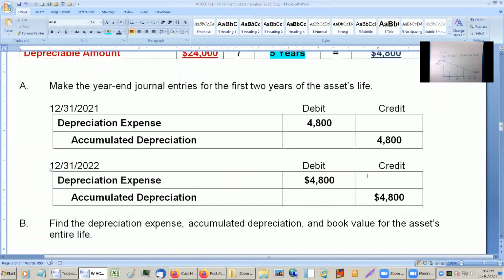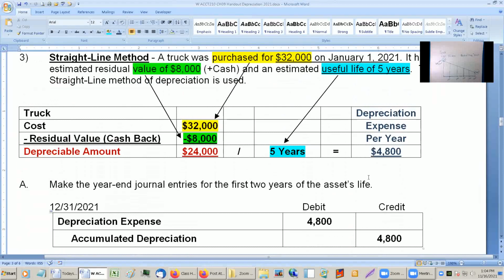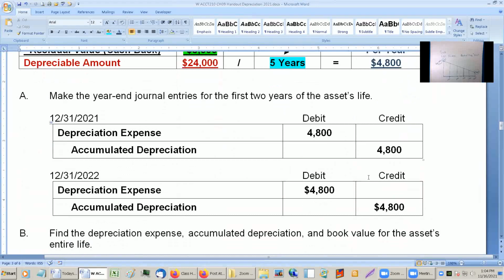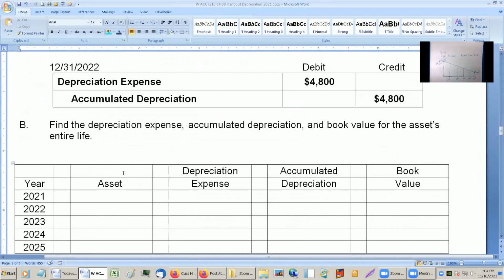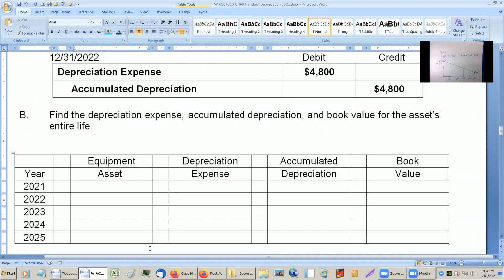Okay. Now, for the tricky part. What's this thing? The truck. So I'll probably have equipment. You can also put this as truck. That's fine. Either one is fine.